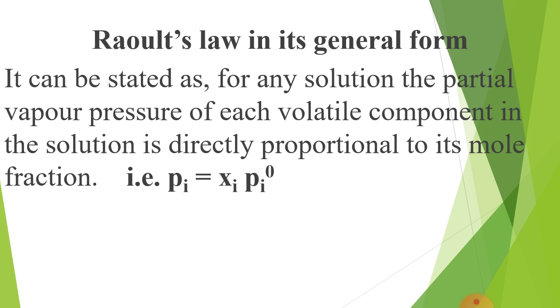So this is the general form of Raoult's law. So three forms of Raoult's law you have to know: if both components are volatile, if only the solvent is volatile, and in its general form. You have to learn and understand these three properly, and go through the NCERT book also.